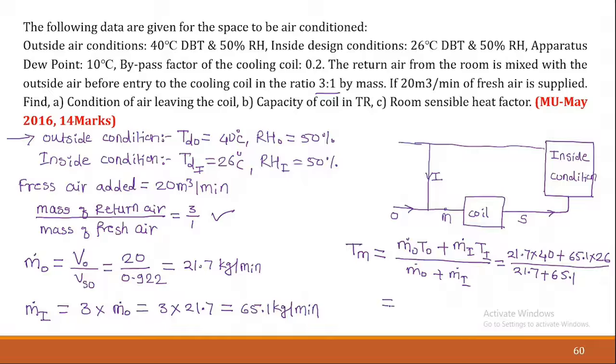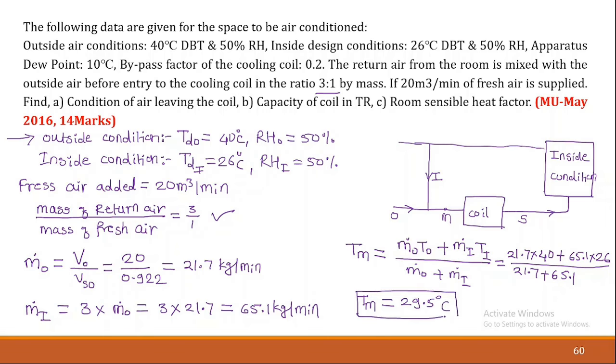If I solve this, I get Tm, the mixed air temperature, equal to 29.5 degrees Celsius.